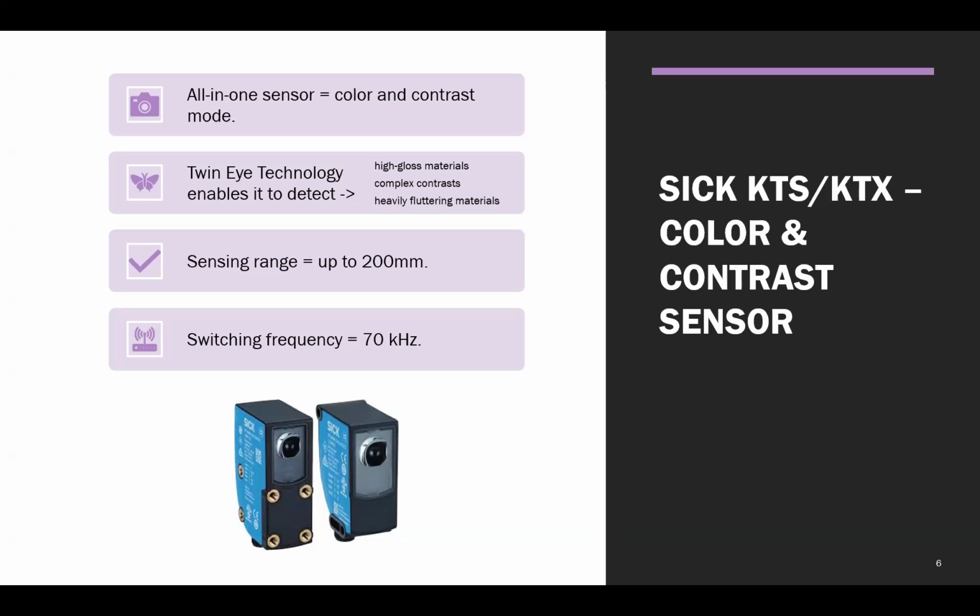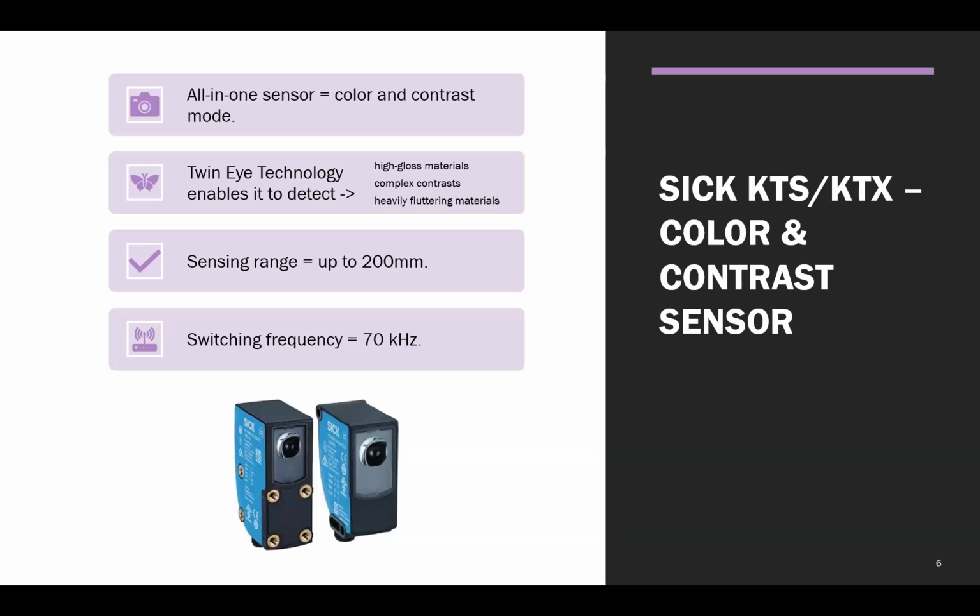This sensor has something called twin eye technology. What it does is enable the sensor to detect even glossy materials or very complex contrast where the contrast difference is very minimal, or where there's a lot of vibration or fluttering materials. In those cases, the sensor works very well.